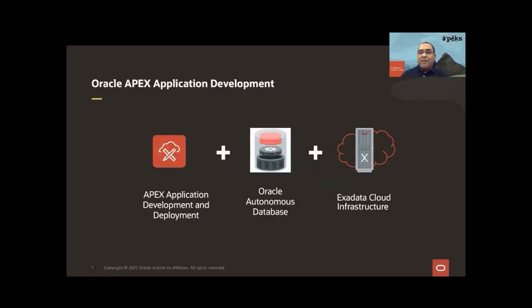Apex runs everywhere your Oracle database runs, whether it is on-premise or on cloud. So you can use Apex on the Oracle Autonomous Database, and you have Apex Service as well. Yes, the world's most popular low-code application development platform is also available as a simple, all-inclusive service that scales as you grow.